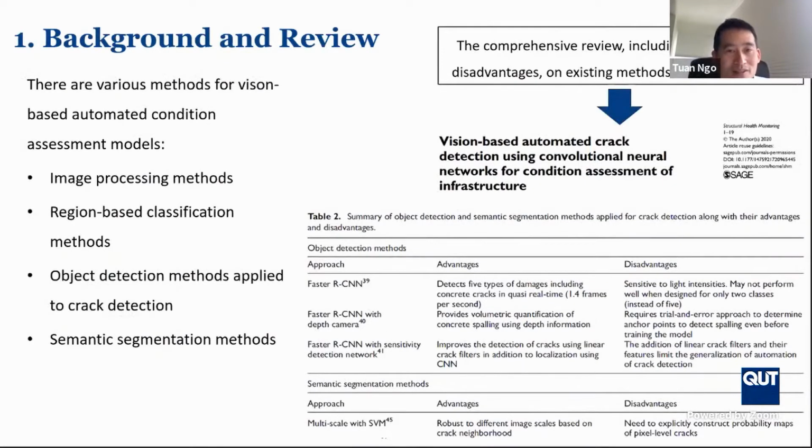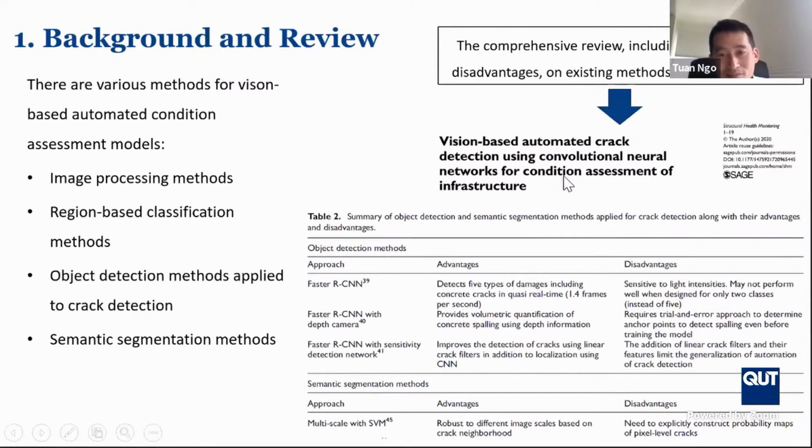We did a review in these areas to look at the methods for vision-based automated condition assessment. Broadly, we have 4 different assessment models. The first one is the image processing method. The second one is the region-based classification method. The third is the object detection method applied to crack detection. The fourth one is the semantic segmentation method.